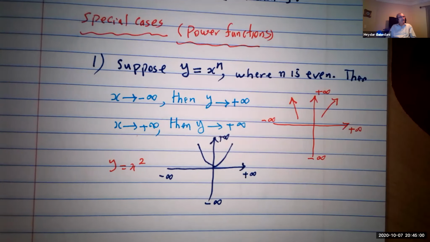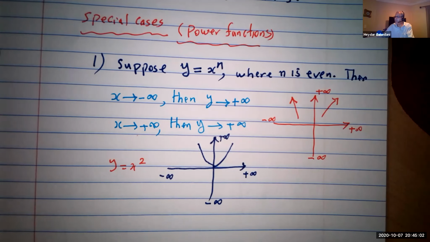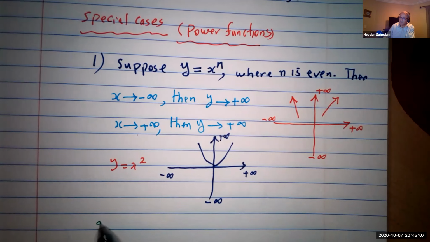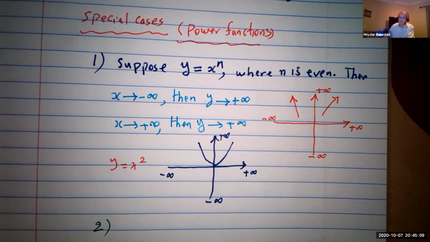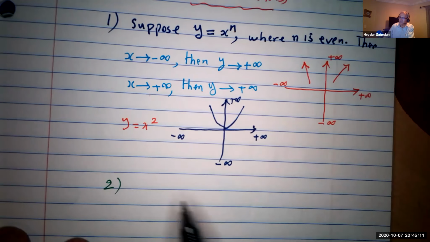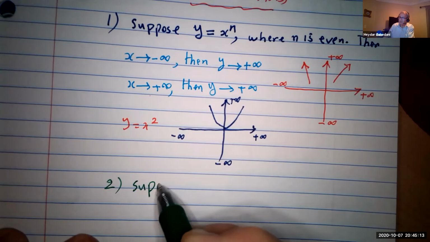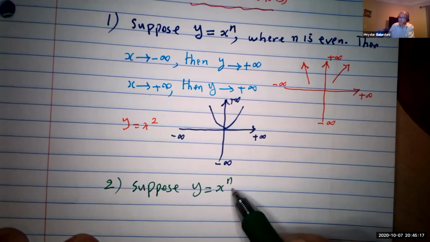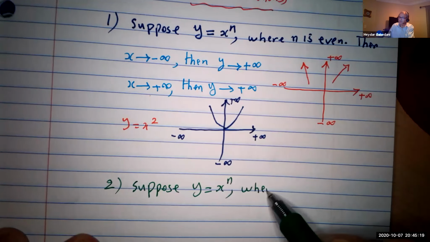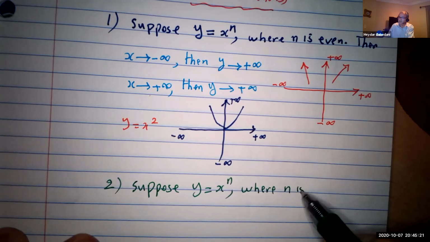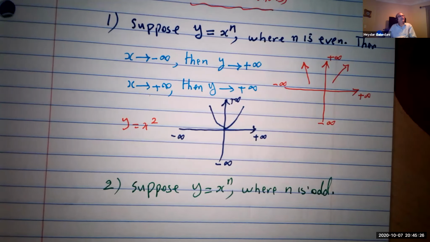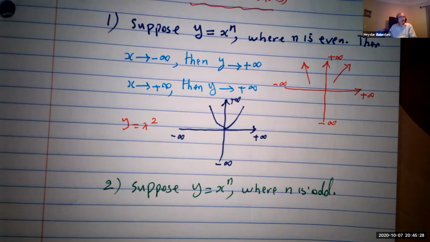So what would happen if n is odd? Okay, suppose y is equal to x to the n, but n is an odd number, where n is odd. N odd means cubed, to the 5th, to the 7th.